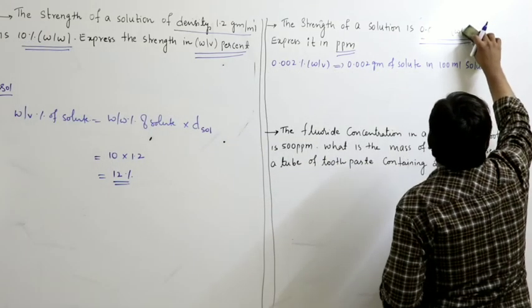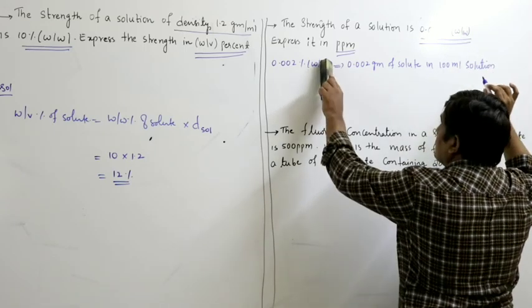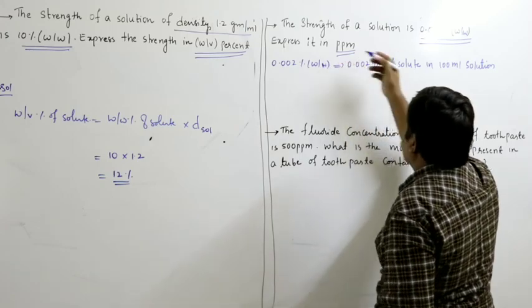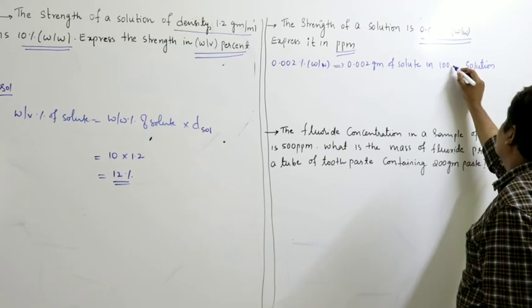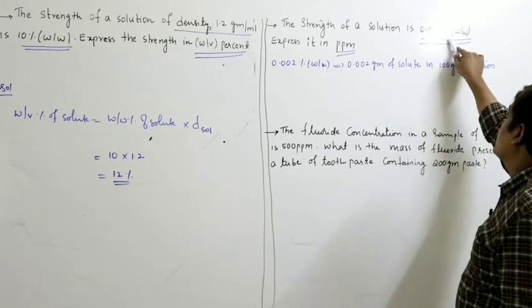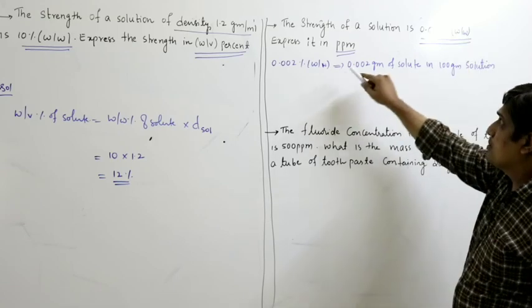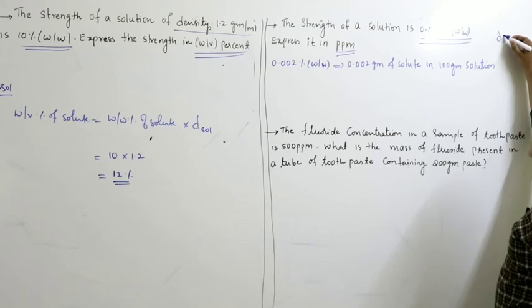See, this is weight by weight, sorry, one second. So directly we can write weight, otherwise they have to give density. So here it becomes 100 grams. So the strength of solution is 0.002% weight by weight, express it in ppm. If it is in volume, then they have to provide density.